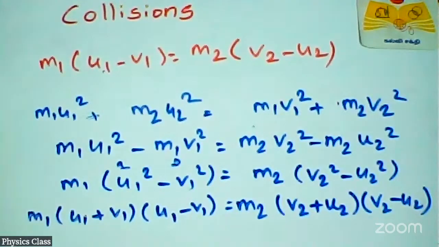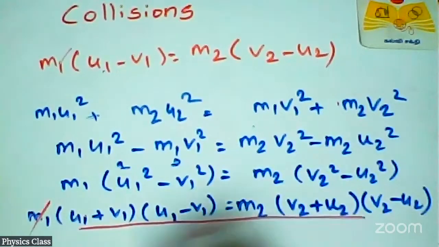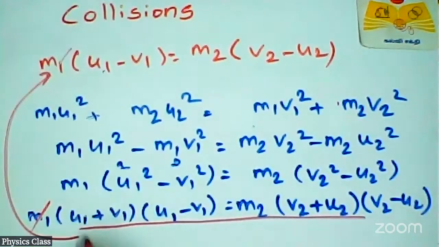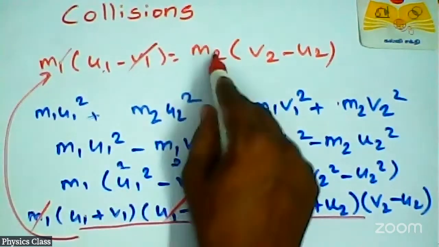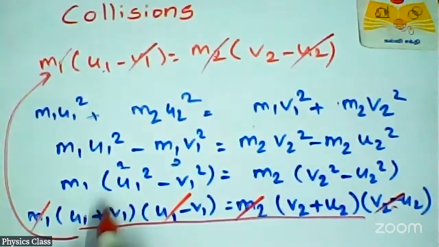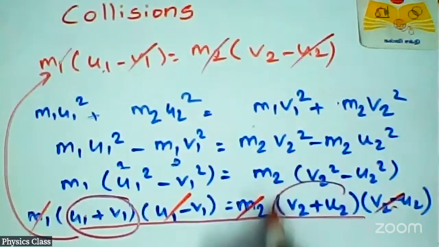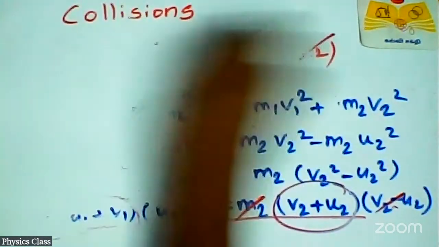So m1, m1 cancel out, u1 minus v1 cancel out, m2, m2 cancel out, v2 minus u2 cancel out. We have only u1 plus v1 equal to v2 plus u2. I can write it here now.